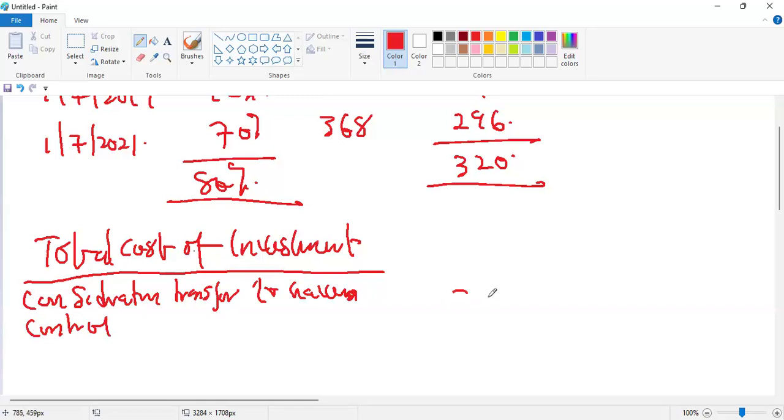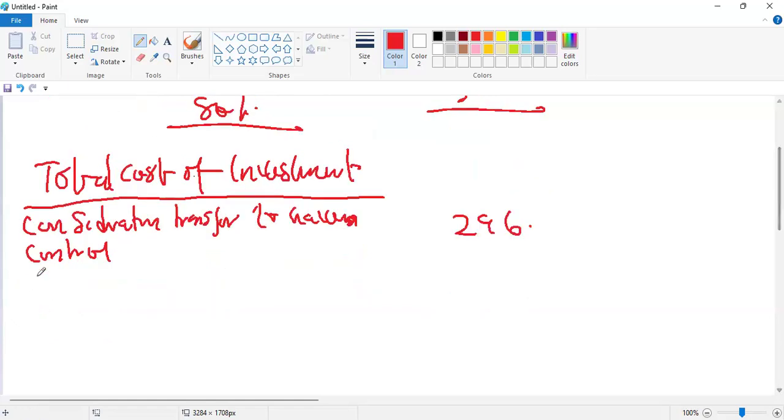Which is 296, plus the fair value of the 10% you acquired in 2019. What is the fair value in 2021? Fair value of the previous 10%. That's all. I will read further. Net asset 368.